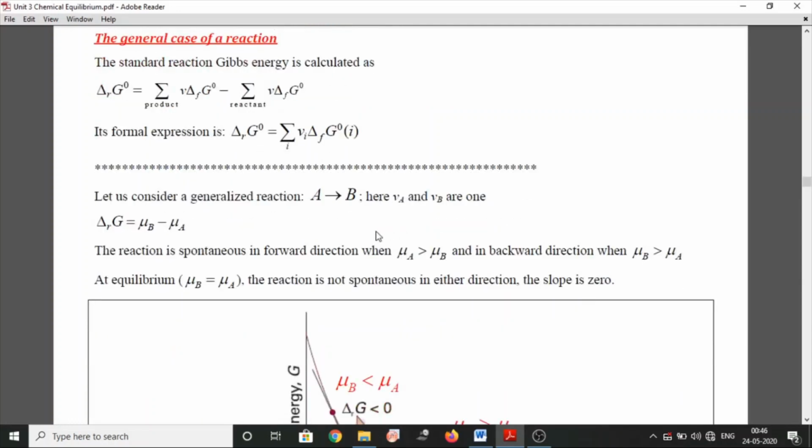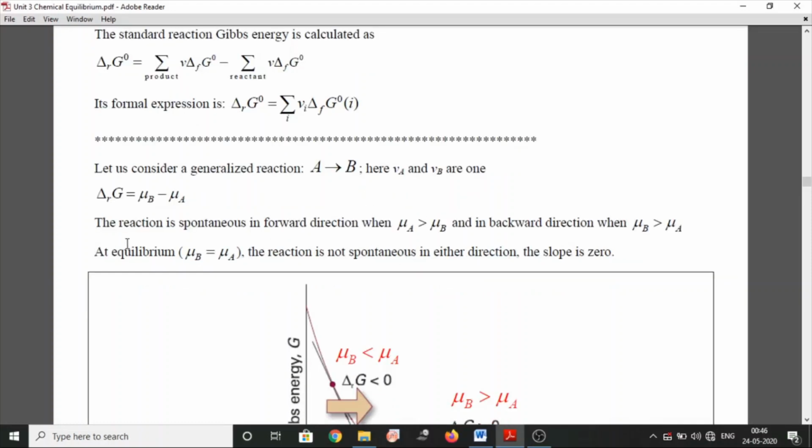Now, to understand what we have discussed so far in a better way, let us consider a reaction in which the reactant A goes to product B, and in this simple reaction the stoichiometric coefficients are 1. Here ν_A and ν_B are 1.